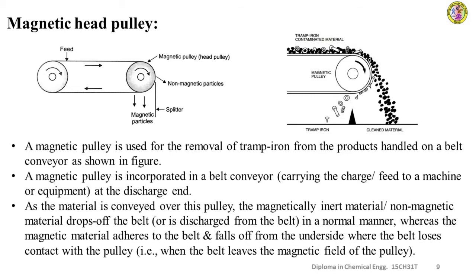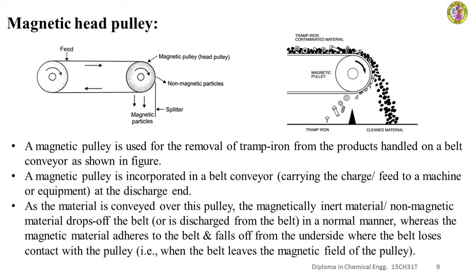So they are collected at a quite different distance compared to the non-magnetic material. If you place a separating splitter at a convenient point near the magnetic pulley, you can separate the magnetic and non-magnetic materials at two different locations.